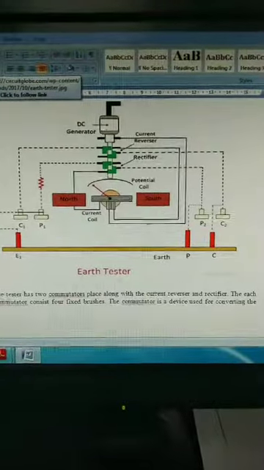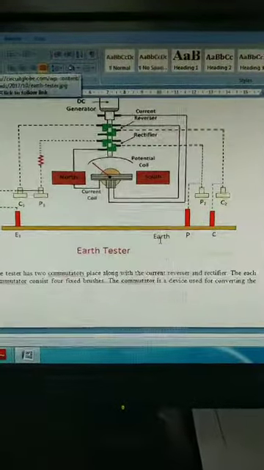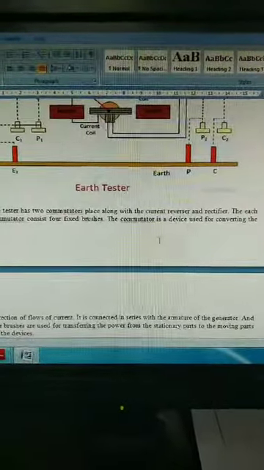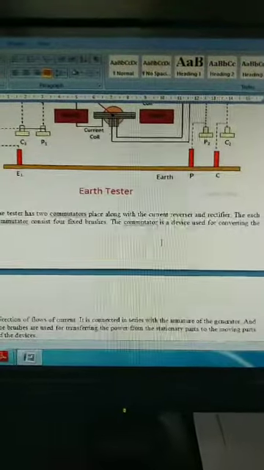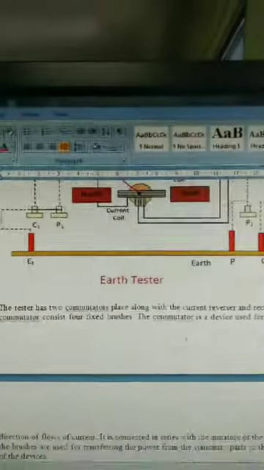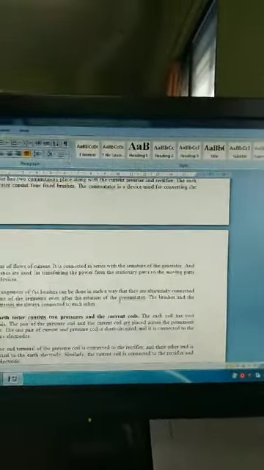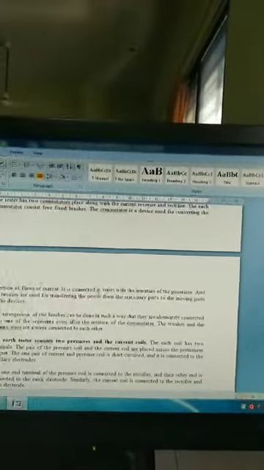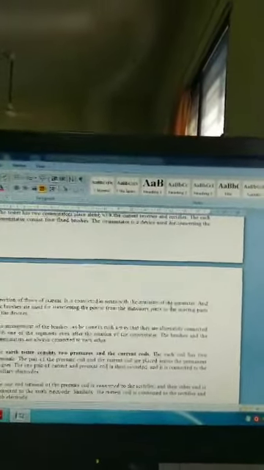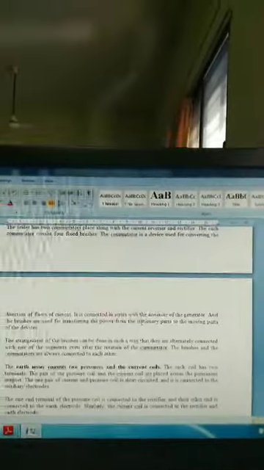The basic use of a commutator is to change the direction of flow of current. When you are talking about a DC generator, it is connected in series with the armature of the generator. The earth tester consists of two pressure and current coils.